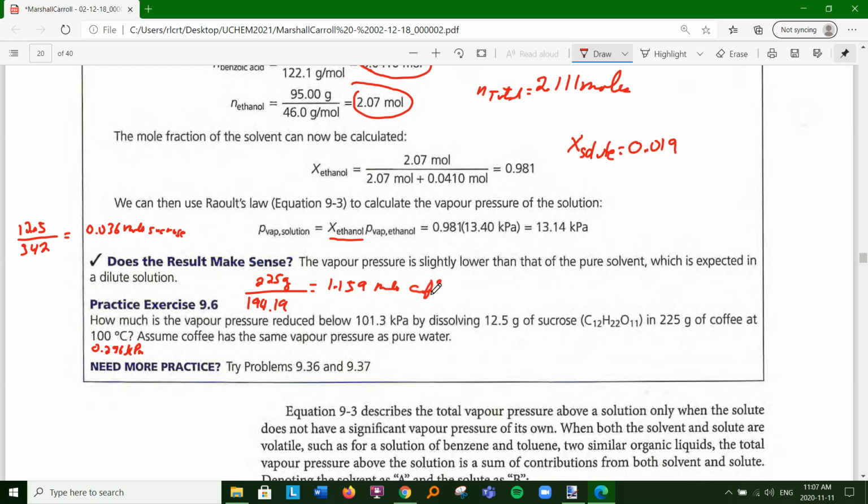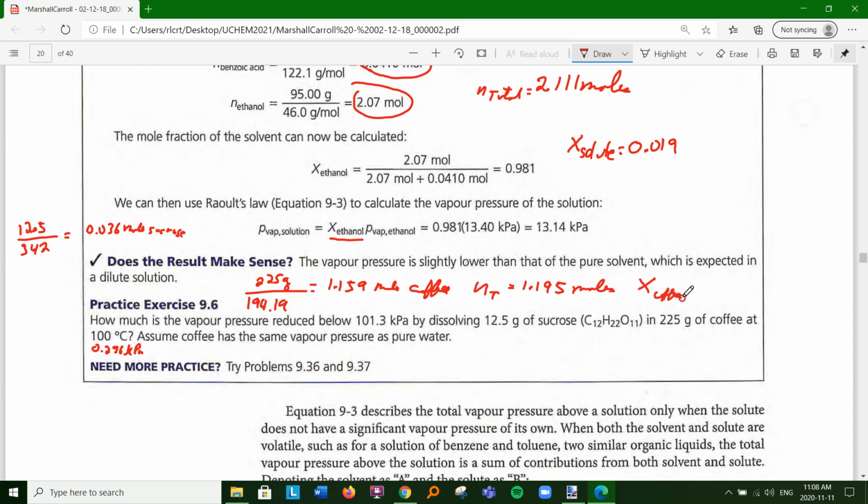So for the total number of moles, I'm just going to add that to the sucrose, 0.036, and I get 1.195 moles all together.